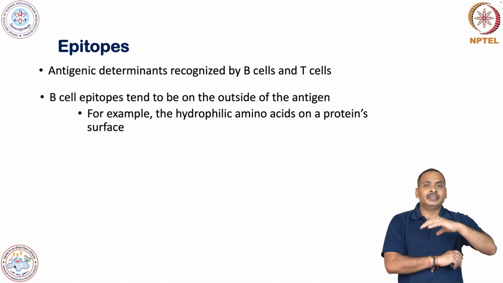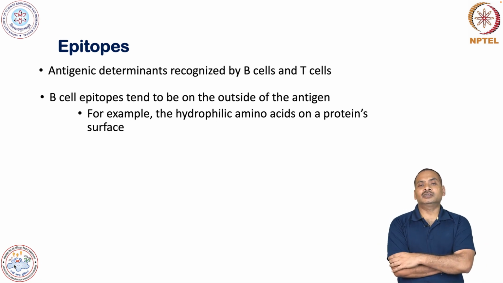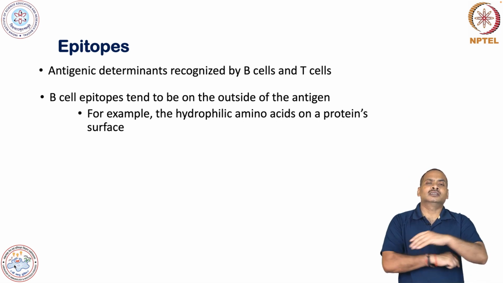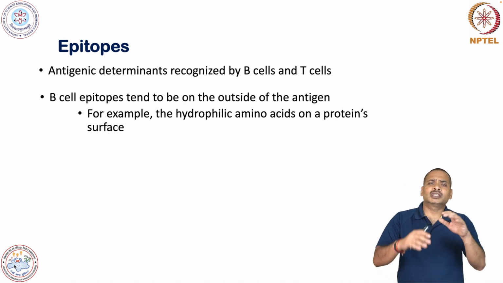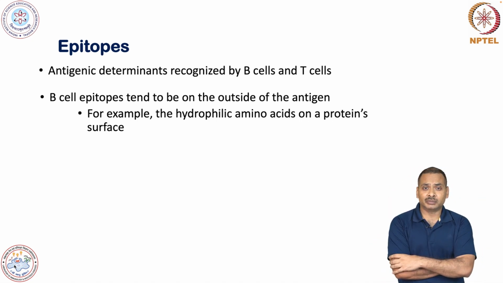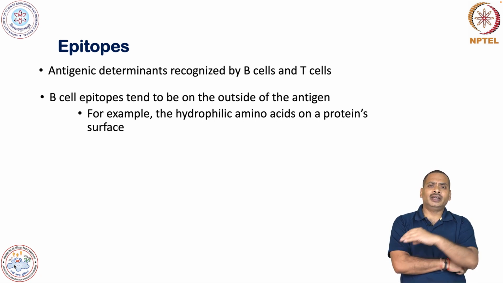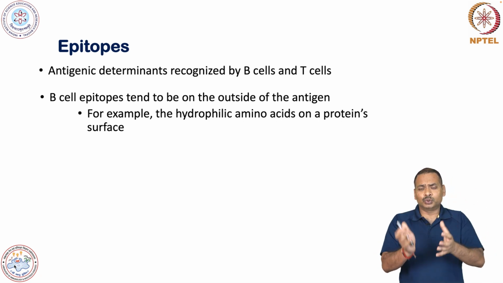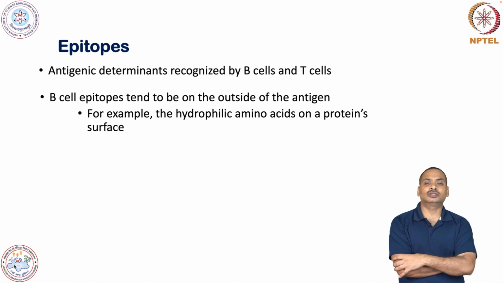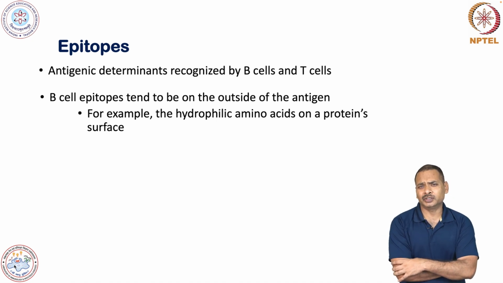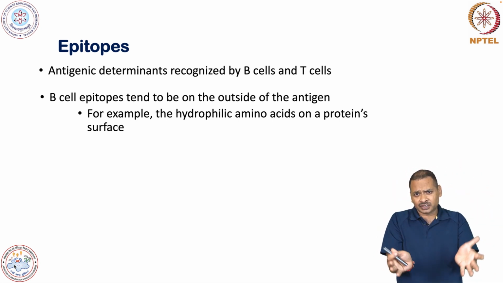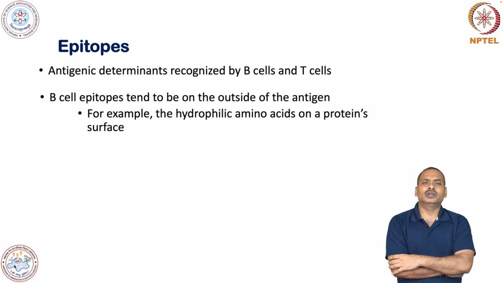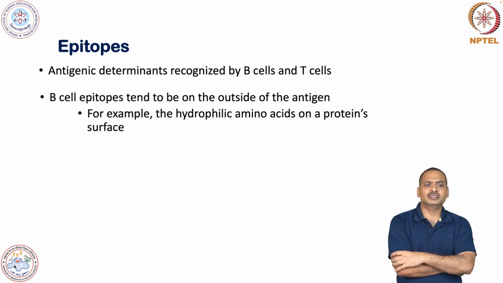So, in three-dimensional structure, you may very well be aware that the surface of the protein basically consists of hydrophilic amino acids, and the inner core of the protein basically consists of hydrophobic amino acids, because there is no water molecule over there, but on the surface there are water molecules, and generally these are hydrophilic in nature.